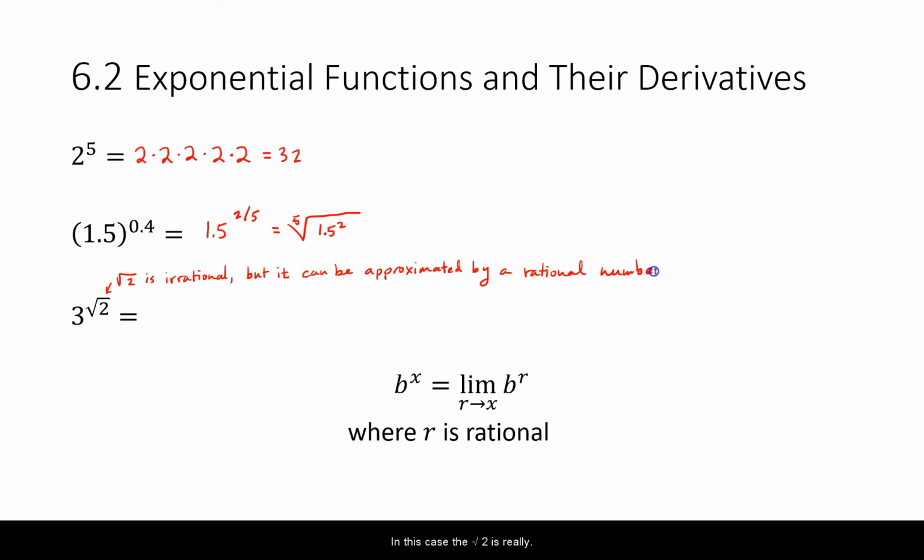So in this case, the square root of 2 is really an example where if we were to try and write its decimal approximation, you'd get this non-repeating, non-terminating decimal, 1.41421, and so on. Okay, so this would keep going.